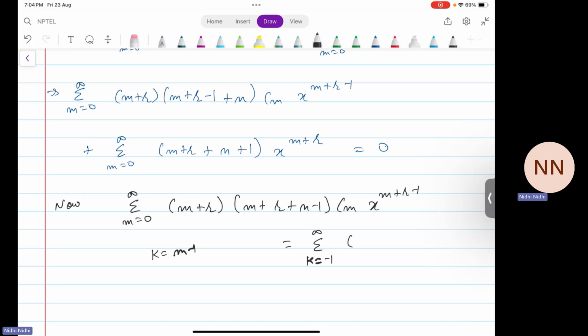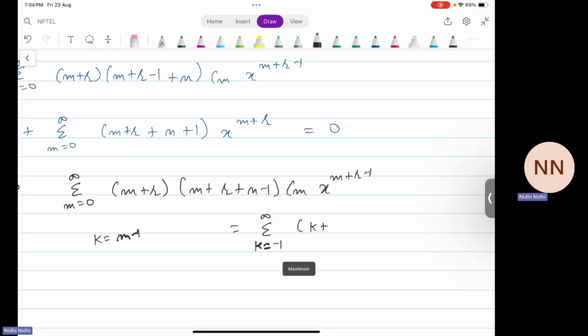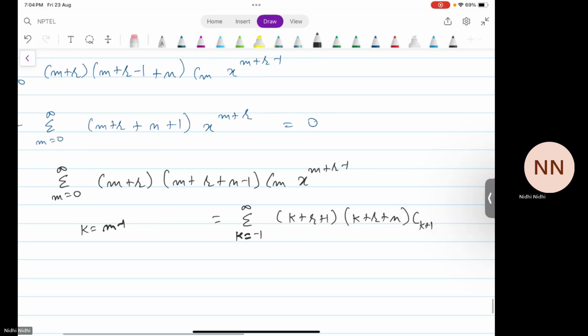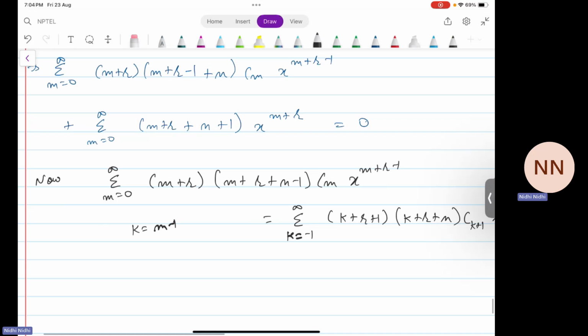M is k plus 1. So this is k plus r plus 1, and m is k plus 1, so we'll have k plus r plus n, C m is k plus 1, x to the power k plus r. In the next step, we'll just replace k by m.